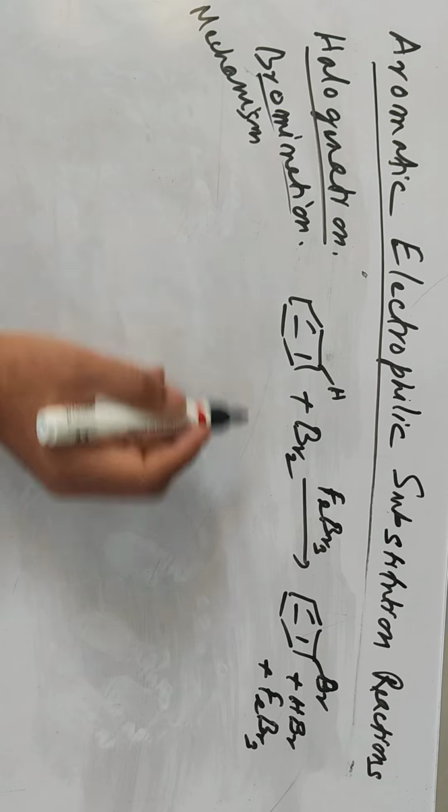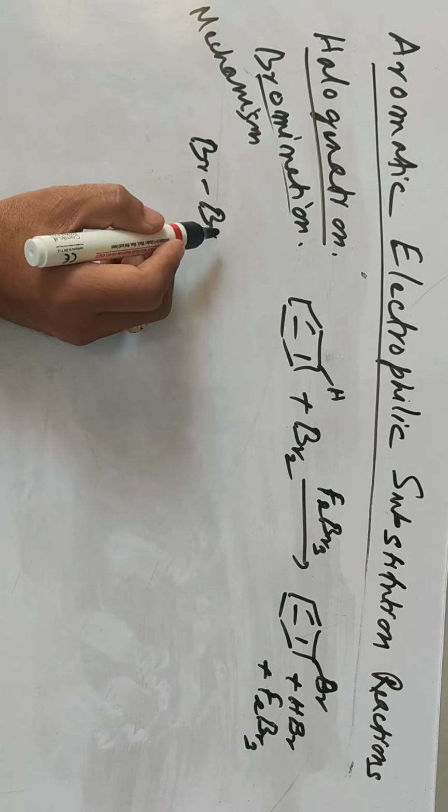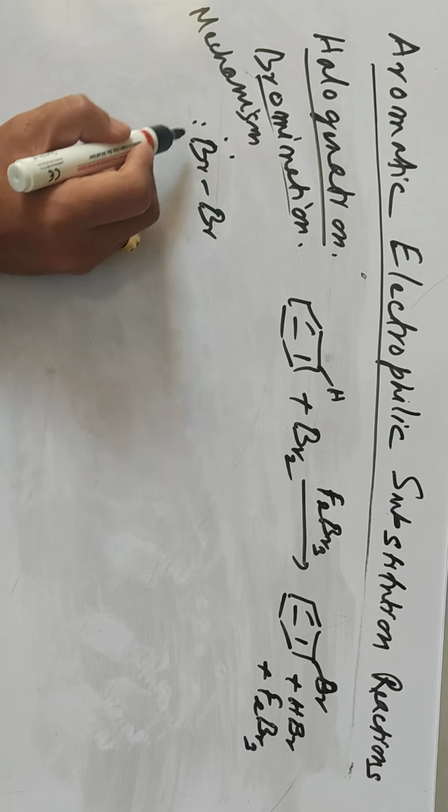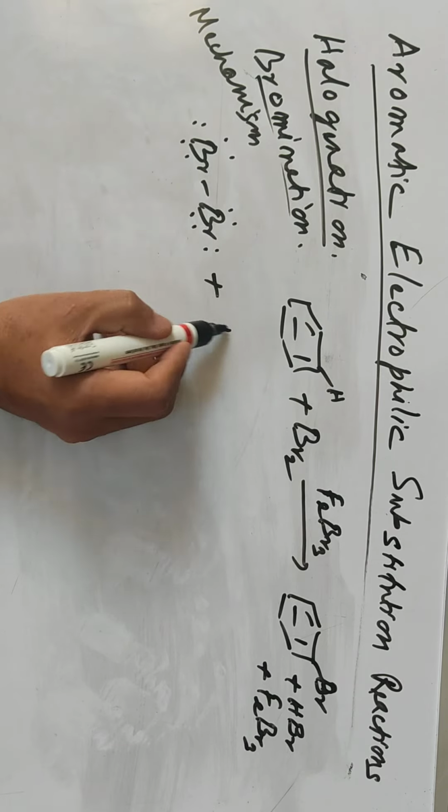First, this bromine, Br2. Here we have the benzene ring with six carbons, 1, 2, 3, 4, 5, 6. Bromine reacts with this Lewis acid, ferric bromide, FeBr3, in a Lewis acid-base reaction. Bromine acts as the Lewis base and FeBr3 acts as the Lewis acid.